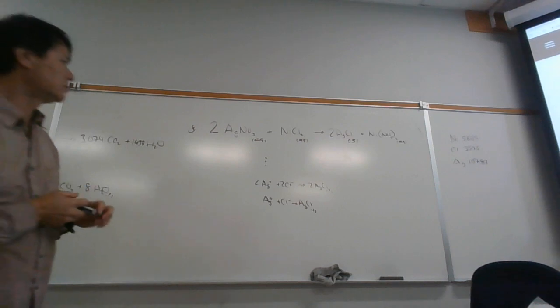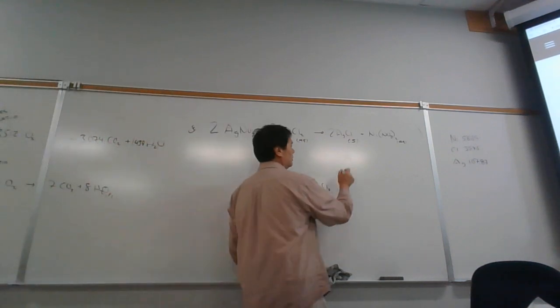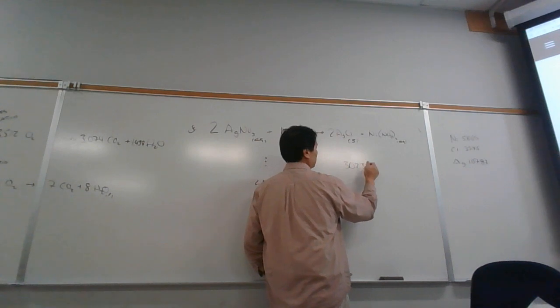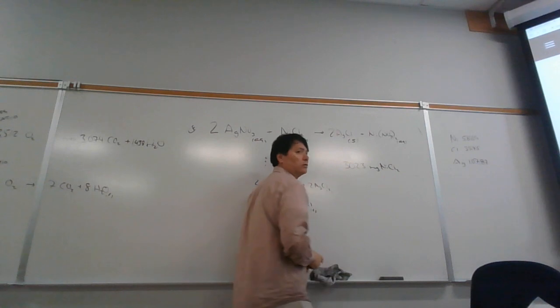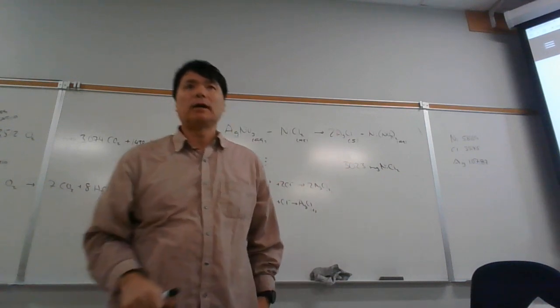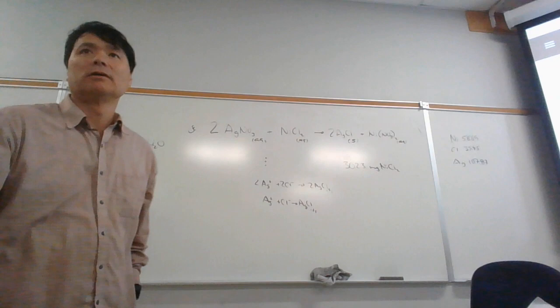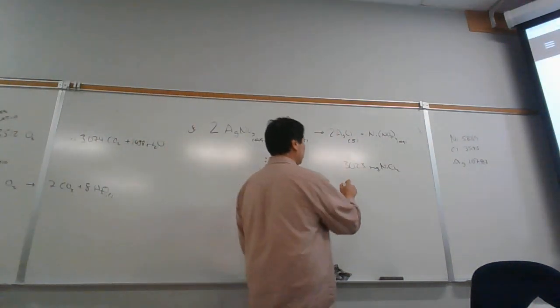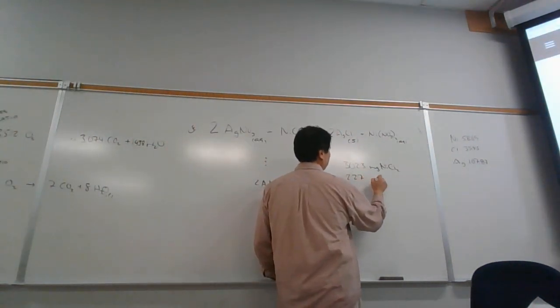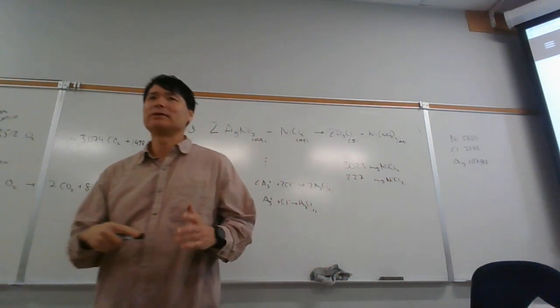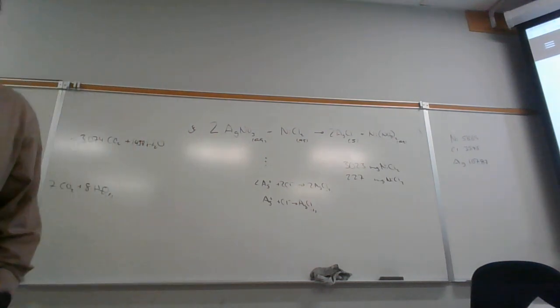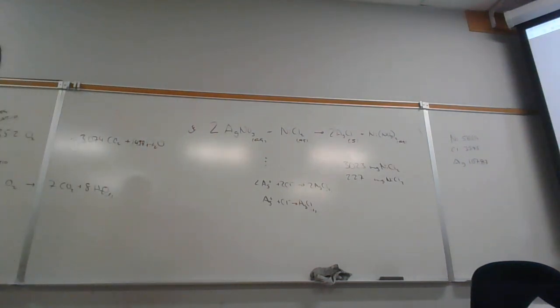You have an answer? Okay, what did you get? 302.3 milligrams nickel(II) chloride. Yeah, okay, good. Anybody else? What did you get? 227 milligrams. Okay, we'll need a deciding vote here. Or if you got something different, let me know.